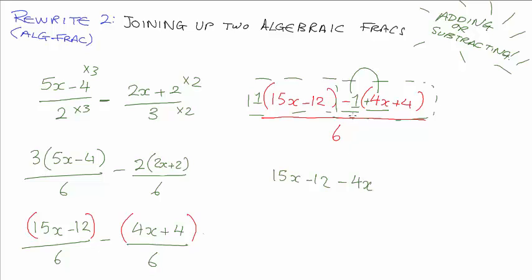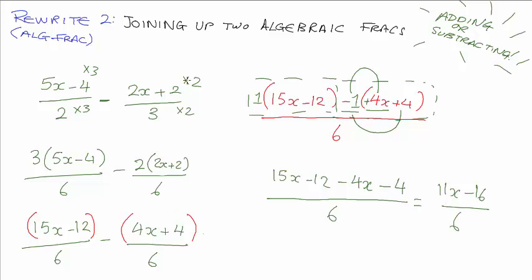But this one, be very careful, you still got to also multiply this by that. So you have a -1 times a +4, that gives you a -4. So that's where the mistake's constantly made. I want you guys not to fall into that trap. And obviously this then simplifies to 11x minus 16 over 6.